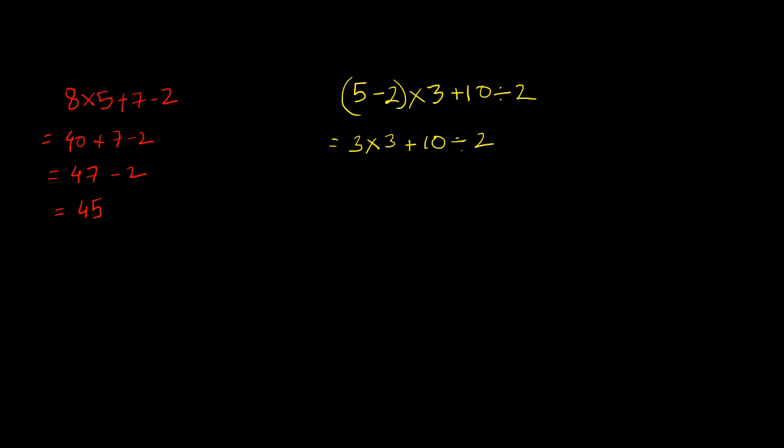So multiplication, we do have a multiplication here, which is 3 times 3 is 9 plus 10 divided by 2. PEMDAS, D for division, so we do the division, which is 10 divided by 2 is 5, and the last operation left is plus, and this should be 14, and that's the answer.